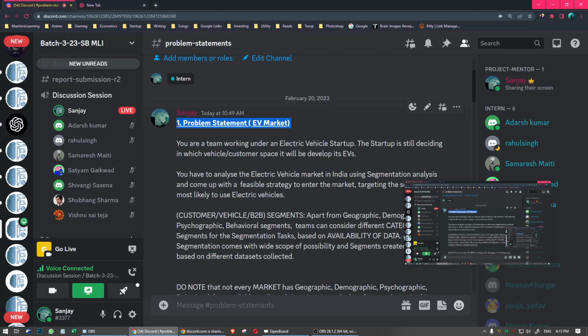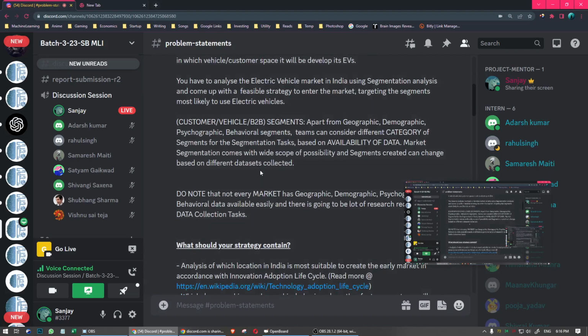So when you collect EV market data sets, you won't find many data sets in India. What you can do is collect data sets on the existing vehicle market, the petrol and diesel market. You don't need to collect data on the EV market. If you're unable to find proper EV data sets, don't panic.